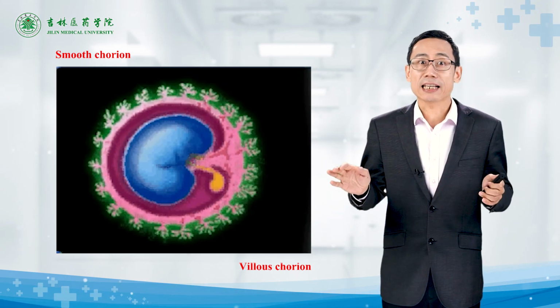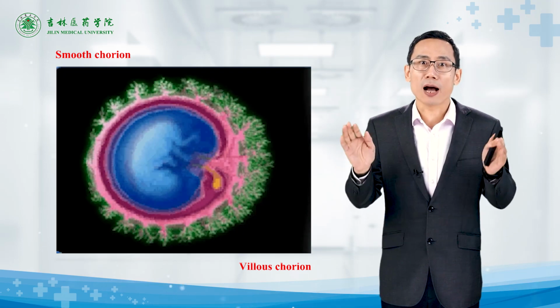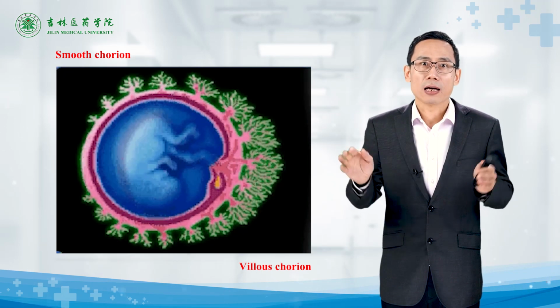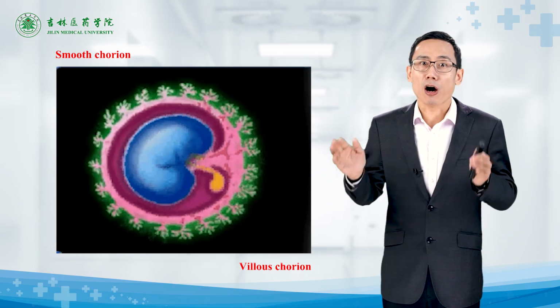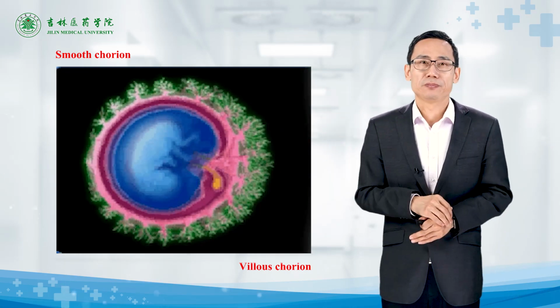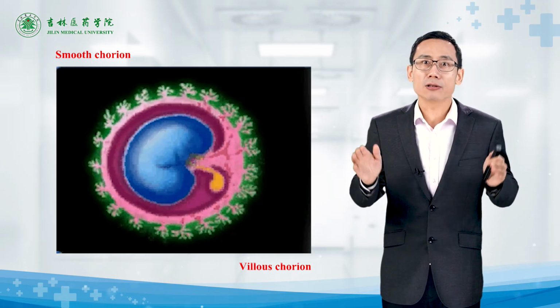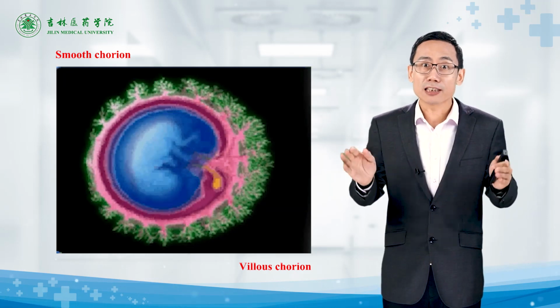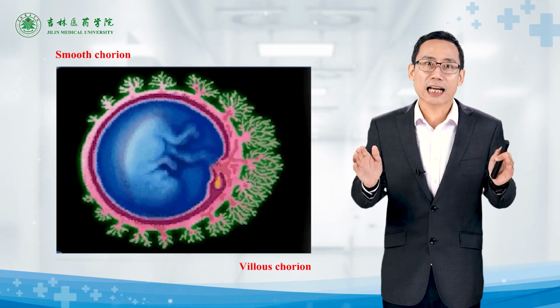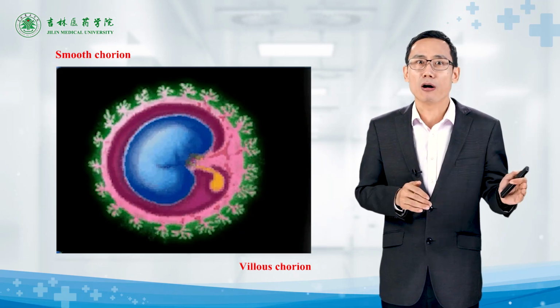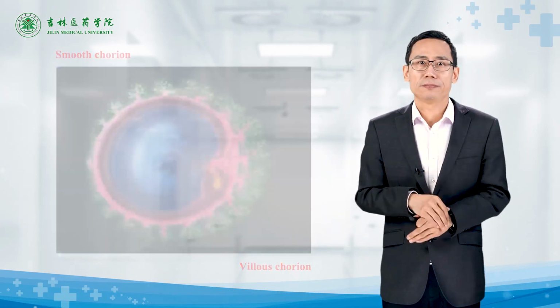The villi in this area are repeatedly branched and grow luxuriantly, which is called the villous chorion. It forms the placenta together with the basal decidua. The blood vessels in the villous chorion are connected with those in the embryo through the umbilical cord.